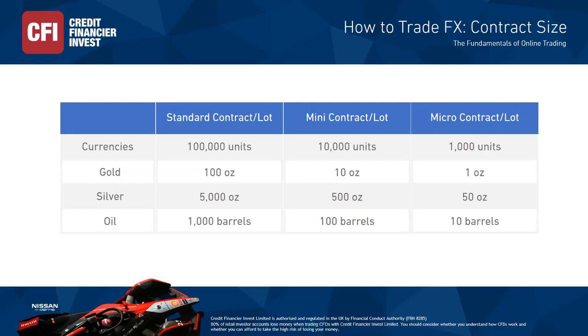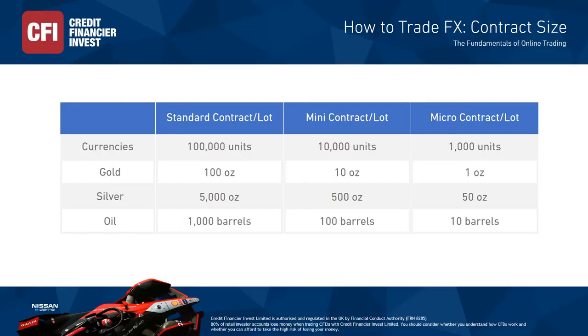So in the case of my previous example of the pound sterling versus the US dollar, the standard contract would be 100,000 pounds. Then you have the mini contract, or the mini lot, which is 10,000 units. And the smallest contract, which is a micro contract or micro lot, which is 1,000 units. And that is across all the currency pairs.